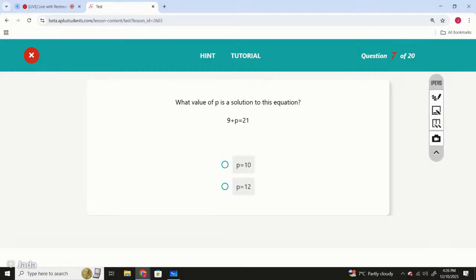What value of P is the solution to this equation? 9 plus P equals 21. So which is the correct option?